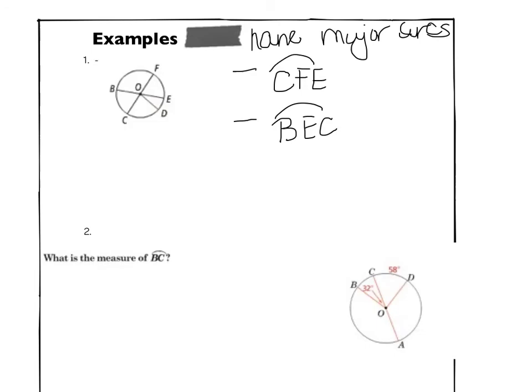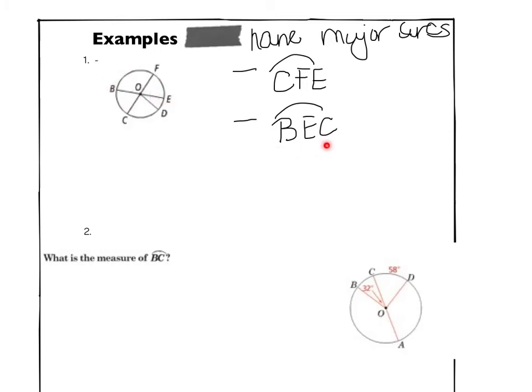So here I've named 2, and I'm doing this in this way. I'm saying, you know what, I need a major arc, so I'm going to have to go to the circle. I'm looking for the diameter, so I see CF here is the diameter. So I know that those 2 letters can be a part of the major arc, but I need another letter to make it bigger. So I'm going to go from C to F to E. So that's how I got my first one. Then I want to find another one to give you at least 2 examples here. So I'm looking at BE again because BE is the diameter.